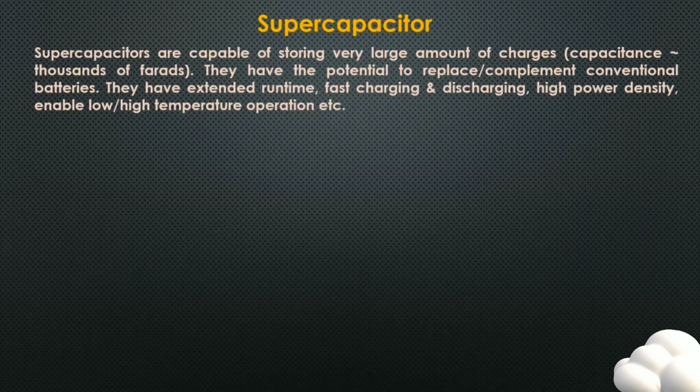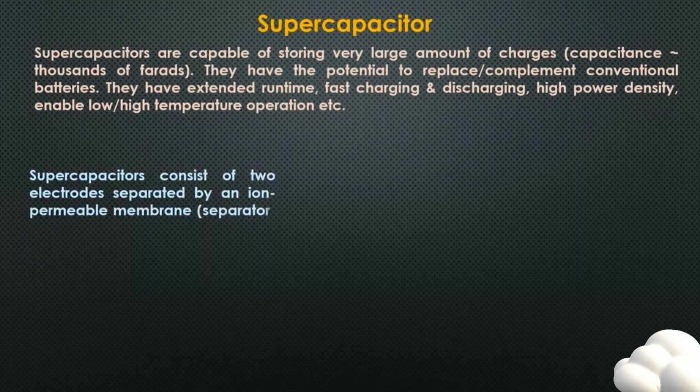Super capacitors are capable of storing very large amounts of charge. They have the potential to replace conventional batteries. They have extended runtime, fast charging and discharging, high power density, and enable low or high temperature operation, etc.